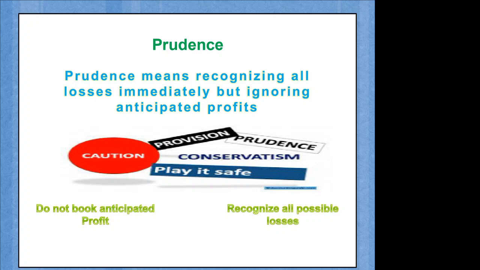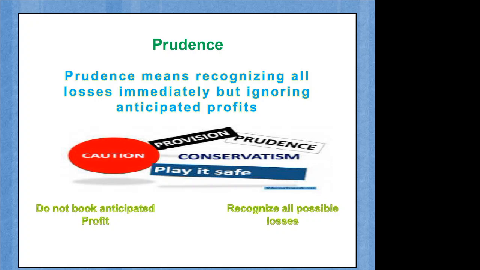Now, what do you mean by being prudent? Being prudent means we are playing safe, we are conservative, we are providing for anticipated losses, but we do not provide for anticipated estimated gains or profit. So what are we doing? By being prudent we are recognizing all losses immediately, even though those losses may be suffered in future.